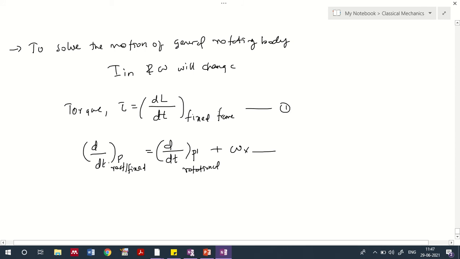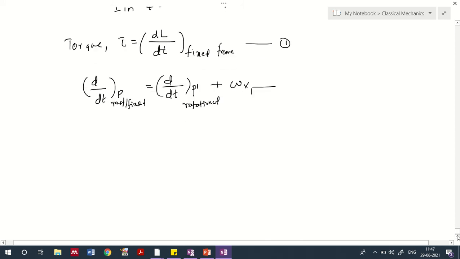This was an operator we obtained in the last class when we discussed the moment of inertia tensor.